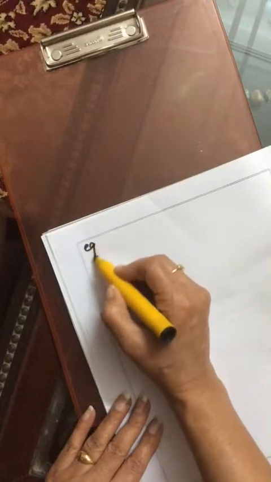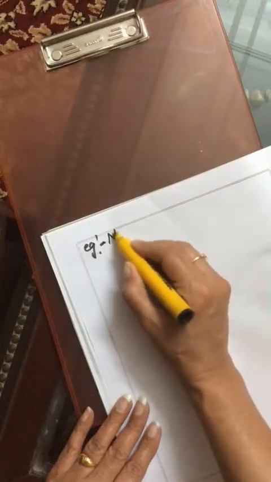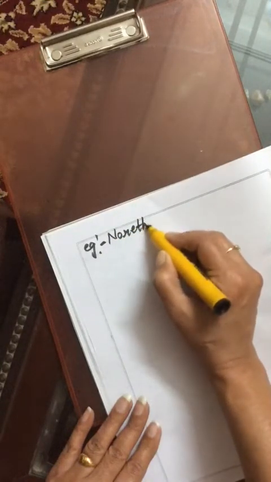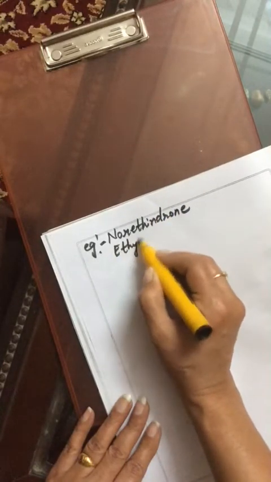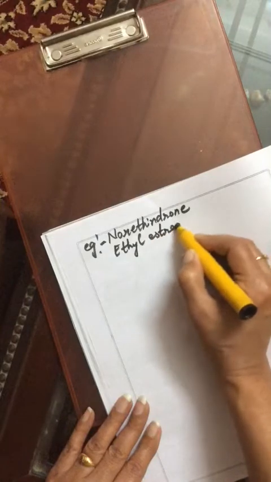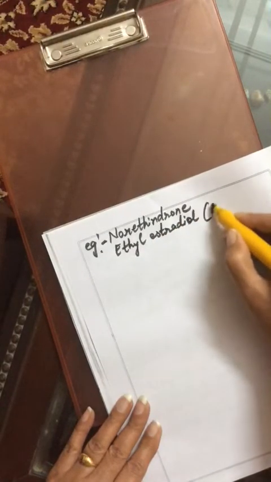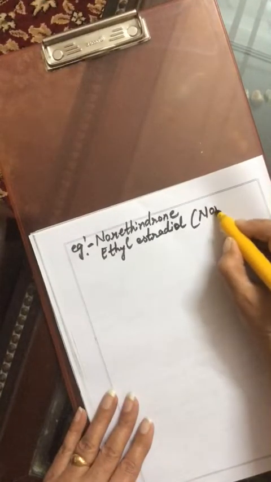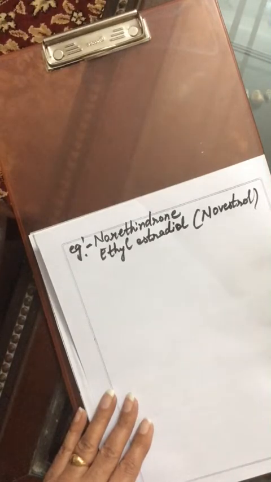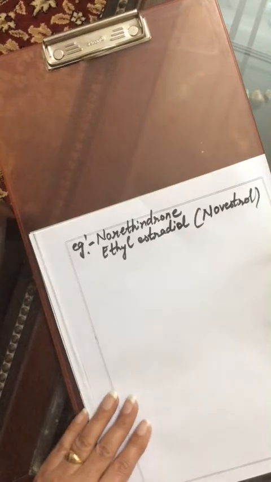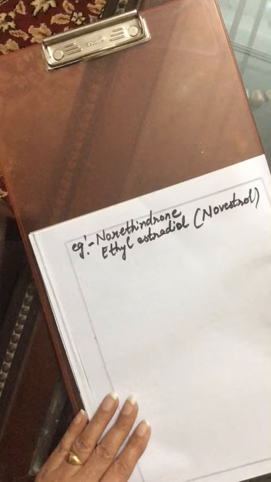Examples of anti-fertility drugs are norethindrone and ethyl estradiol, which is also called novestrol. These drugs are anti-fertility drugs which control childbirth.